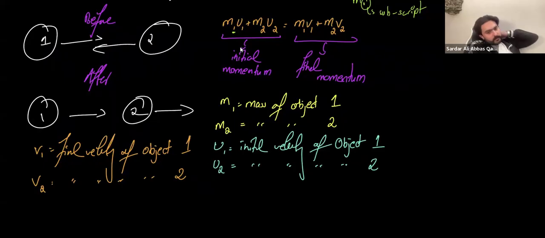Whenever you find U in any question, U represents the initial velocity and V represents the final velocity.